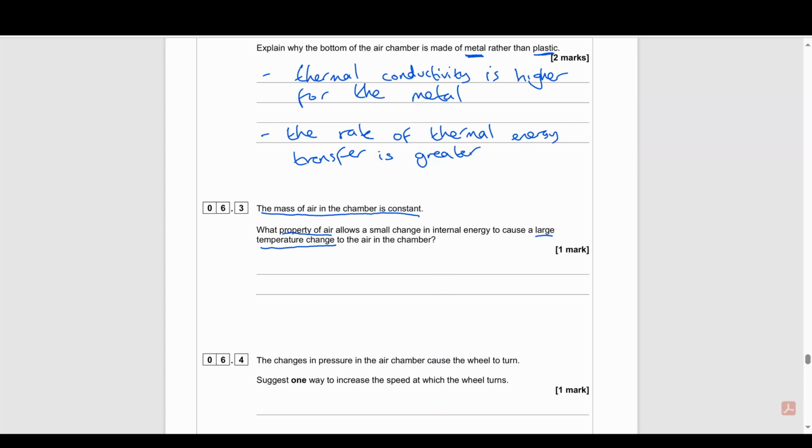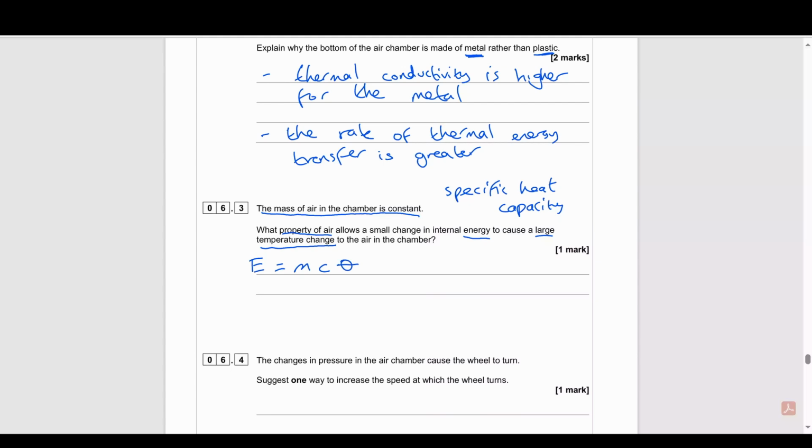Well, let's think about energy. What can cause a change in energy linked to mass? Well, that's called specific heat capacity. Let's recall the equation to help us. The equation for specific heat capacity is energy equals mass multiplied by specific heat capacity multiplied by temperature change.